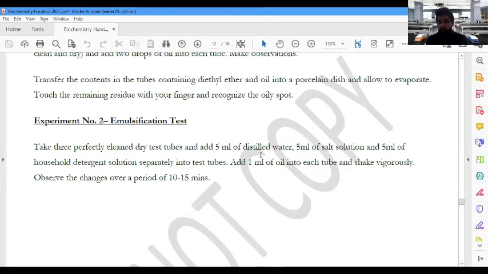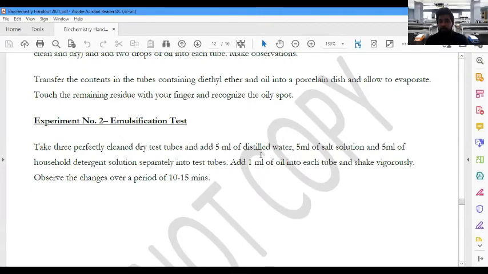Br2 has a brownish color, and when there are double bonds, it is attracted to them and forms bromo intermediates, and as a result the color turns colorless. Yes, the bromine test.